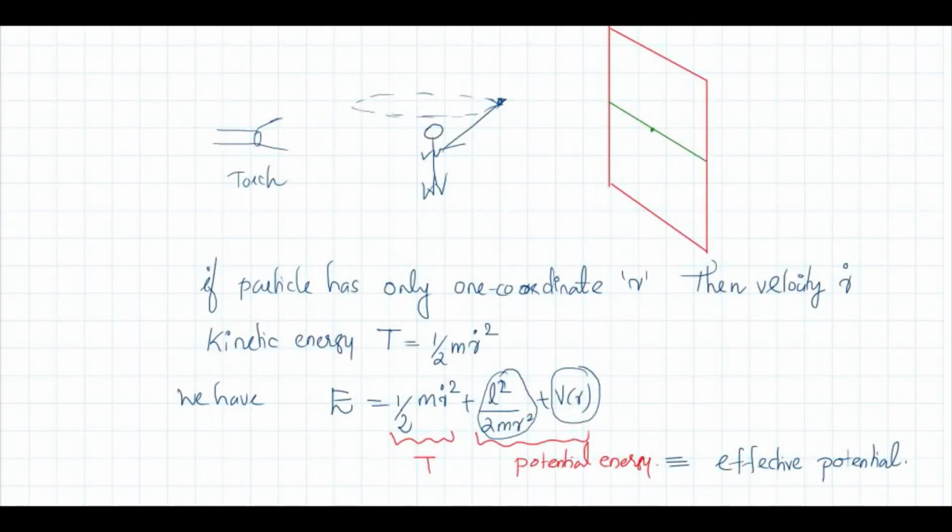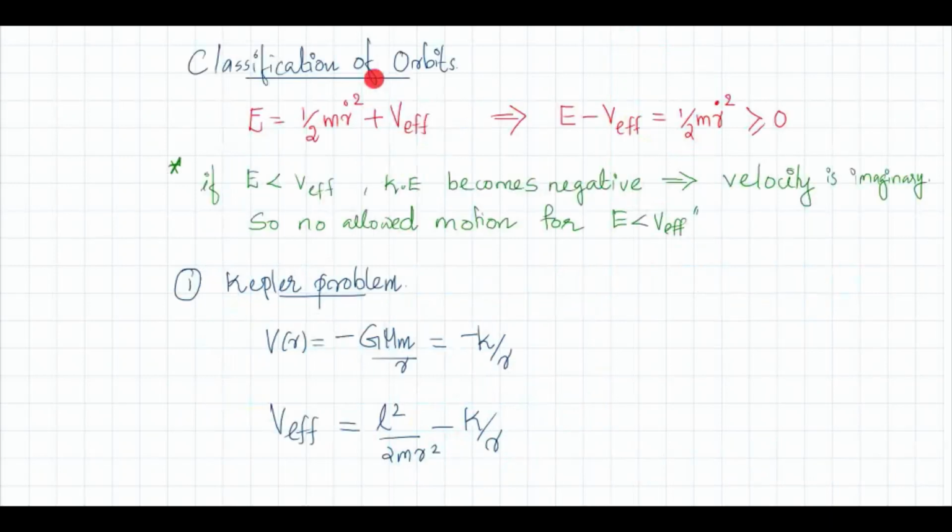Now we will move on to the classification of orbits, and the key idea is from this expression: total energy equal to half m r dot square plus V effective. This implies E minus V effective is equal to half m r dot square, and all these quantities, half m and r dot square, are positive, so it should be greater than 0.